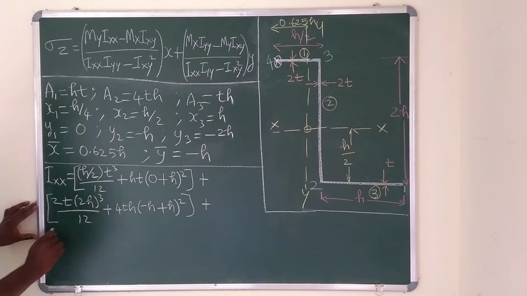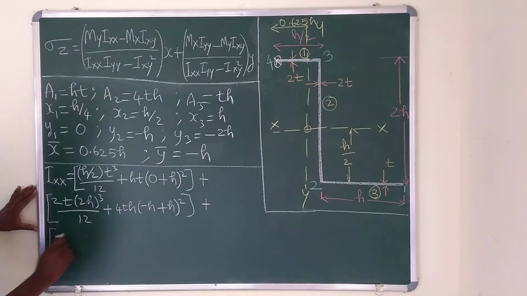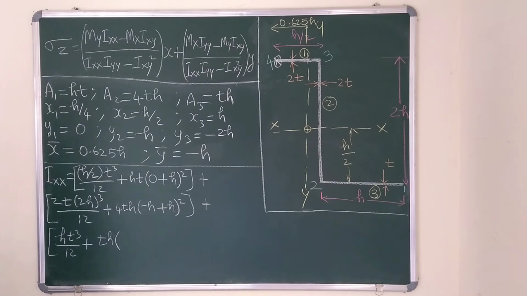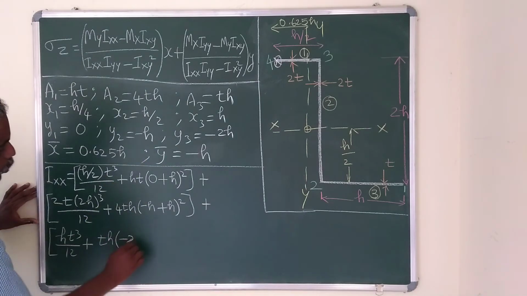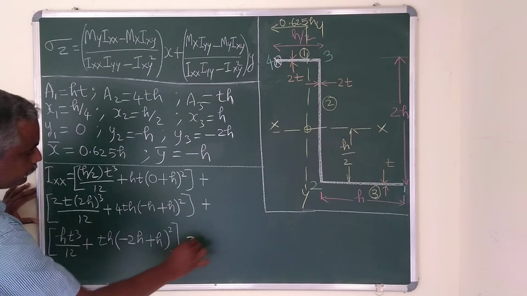Plus the third section, bd cube by 12, which means h t cube by 12, plus A3, which is t into h, and (y3 minus y bar). Y3 is nothing but minus 2h; minus into minus gives plus square.